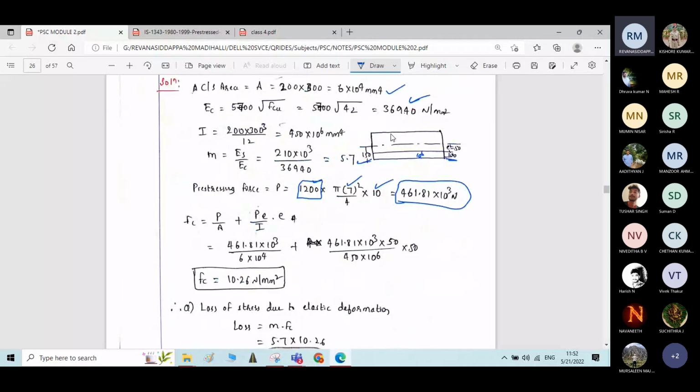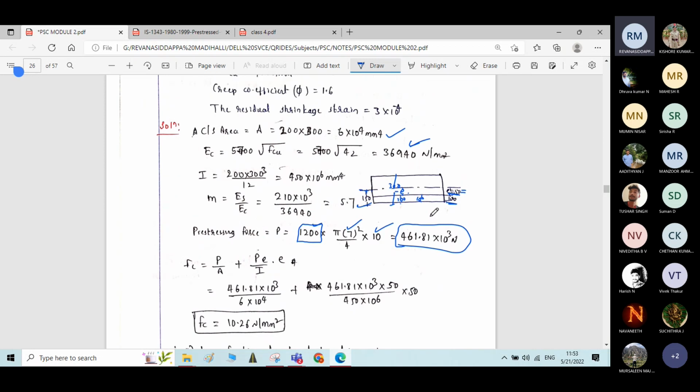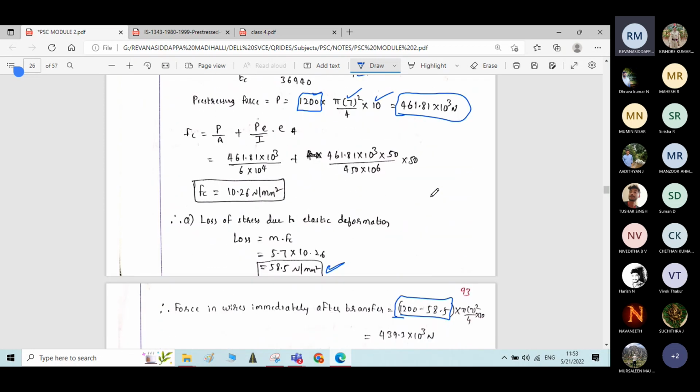Total depth of the beam is 300, so the central axis is half of 300, which is 150. So 150 minus this 100 will give the eccentricity. That calculation I have done here in the diagram. Eccentricity is equal to 50 mm.